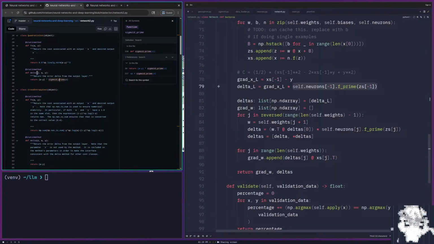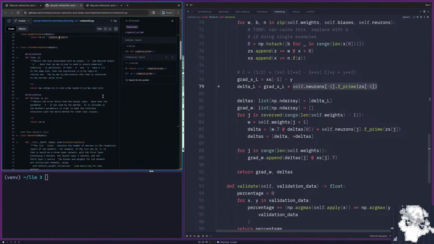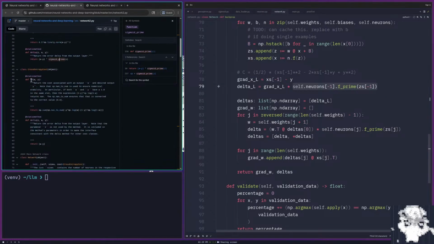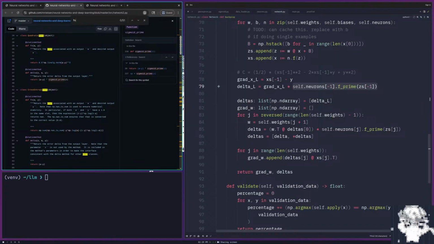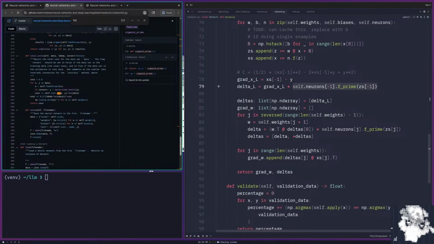But you don't, it looks like. And then I don't think you actually use fn. Oh, you do if you're trying to calculate the cost, but I don't think that is actually used.